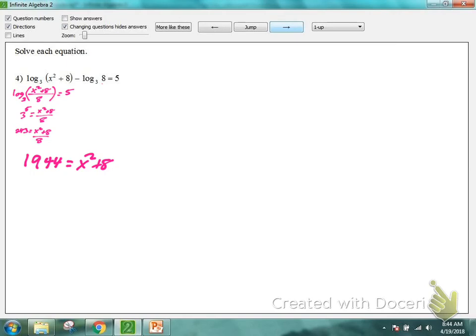What's my next step then? Subtract 8, so it gives me x squared. I'm going to flip it on you, is that alright? X squared equals 1936.